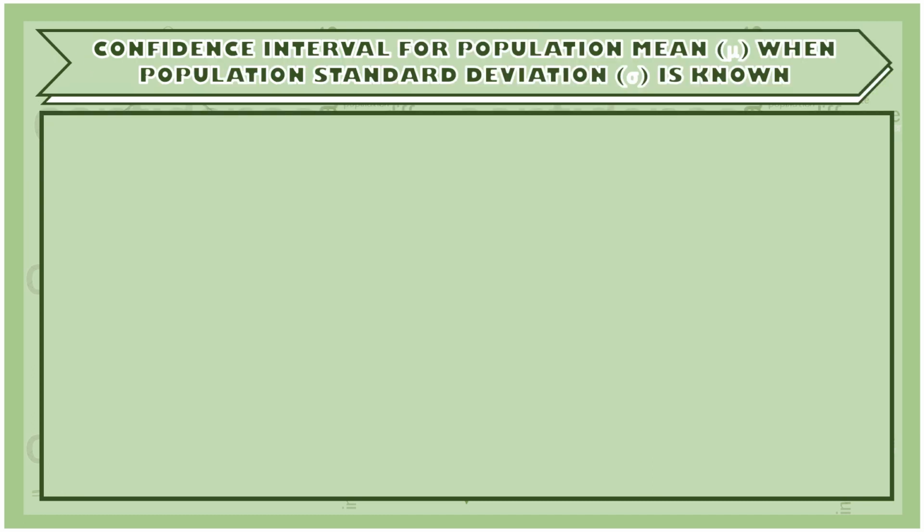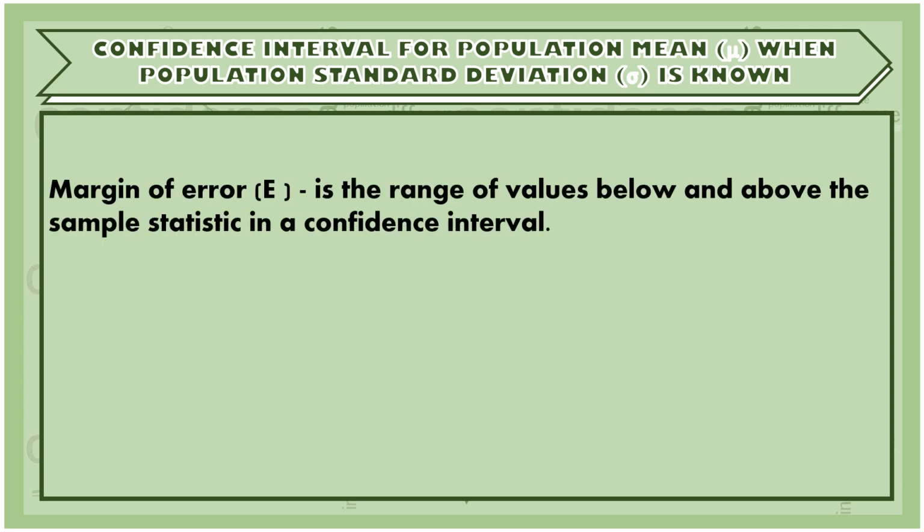Now, let's proceed in confidence interval for population mean when population standard deviation is known. Margin of error, is the range of values below and above the sample statistics in a confidence interval.